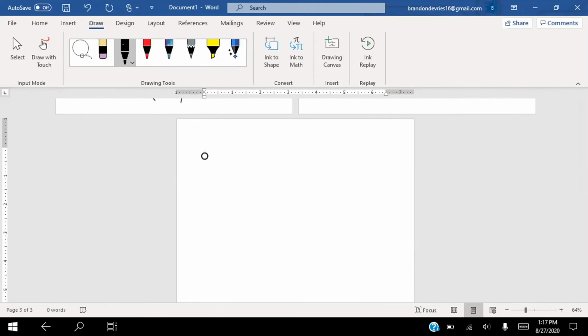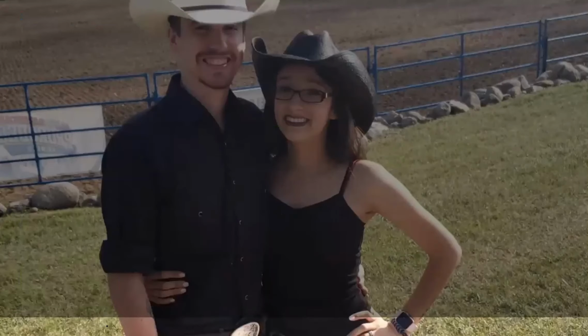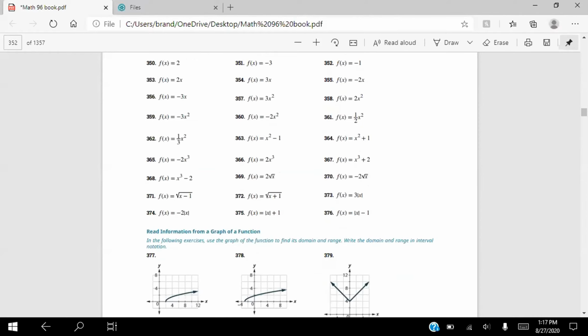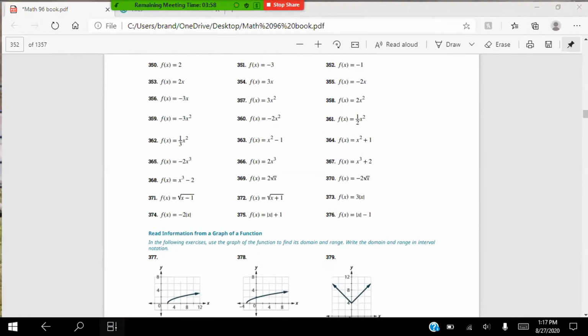Okay. The next one, what was that, 371? Yep. So 375. f(x) equals the absolute value of x plus 1.